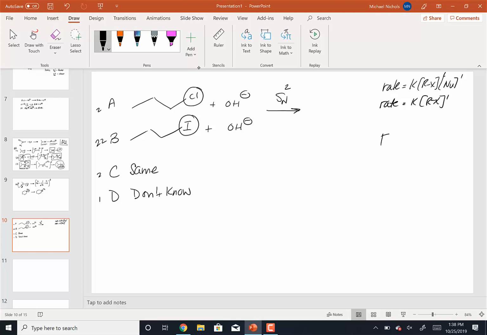So of F, Cl, Br, and I, it's based on basicity, but how? It decreases as it goes down. It's inversely related. So in other words, the best leaving group is the weakest base. So of F minus and I minus, who's the weakest base?